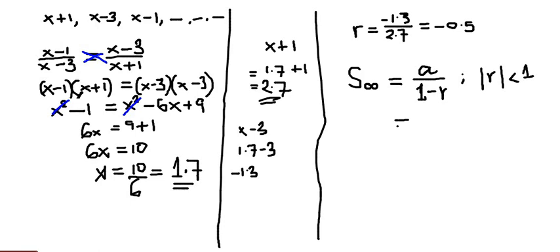Our first term a is 2.7, over 1 minus negative 0.5, that is our r.